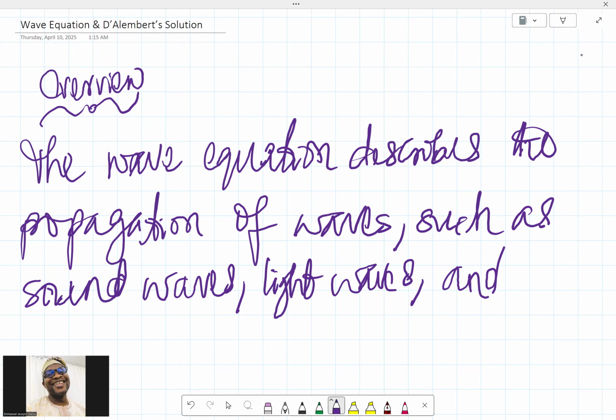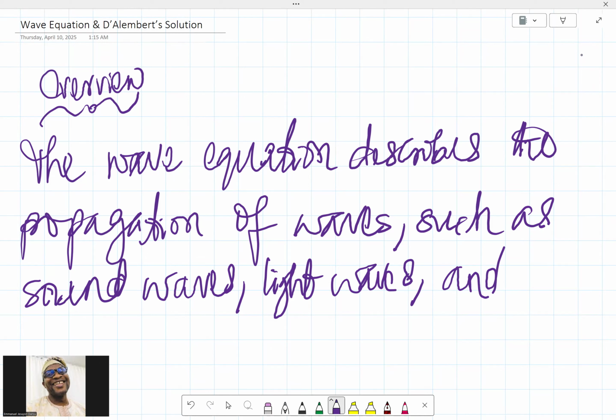And then you have g of x plus ct, which represents the wave traveling to the left, that is the negative x direction.